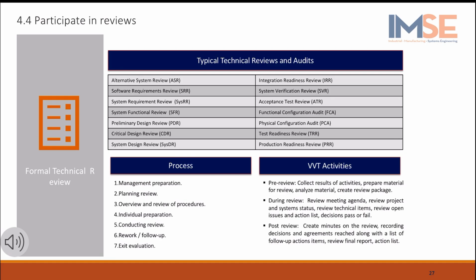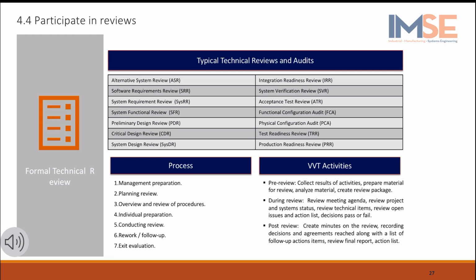For example, we have pre-review activities that are: collect results of activities, prepare material for review, analyze the material, and create a review package. During the review, we have reviewing the agenda, reviewing the project and system status, reviewing technical issues, open issues, and the action list, and take the decision, pass or fail the review.